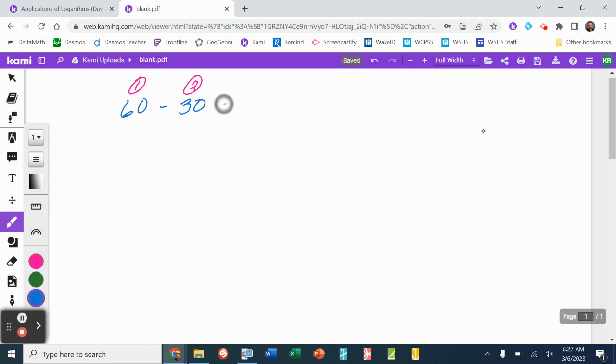And so this is going to be equal to, now the big difference here from the Richter scale is, if you notice the decibel scale, deci is implying that there is a 10 in front of this. So we have 10 times the common log of the intensity of noise number 1, that is our normal conversation, divided by that threshold of hearing.